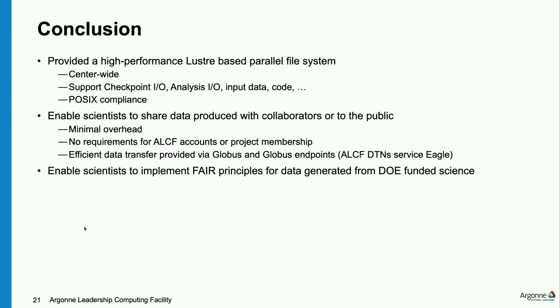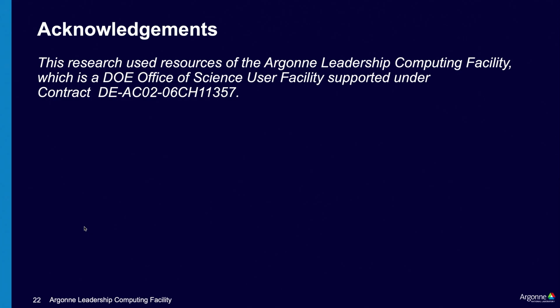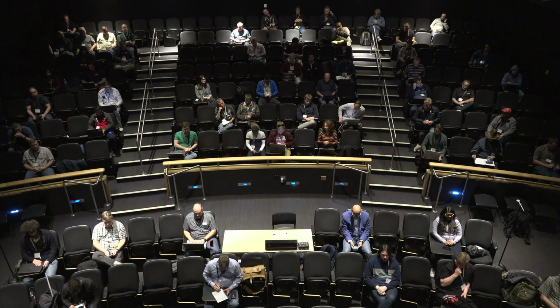There is minimal overhead, with no requirement for LCF accounts or project membership. Efficient data transfer is provided via Globus and Globus endpoints. And we enable scientists to implement FAIR principles for data generated from DOE science. Acknowledgement. Any questions?